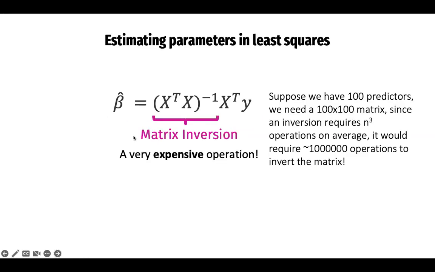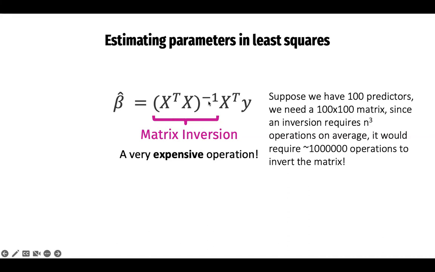Okay. The problem is that in this kind of closed form solution, there is a computation which involves a matrix inversion, and it is a very expensive operation. So suppose we have 100 predictors, and so we need a 100 by 100 matrix.